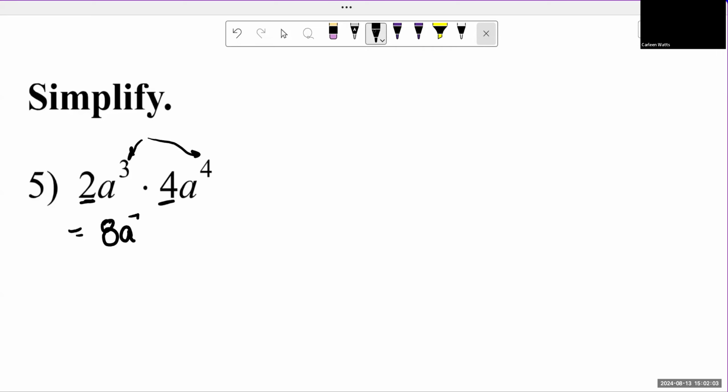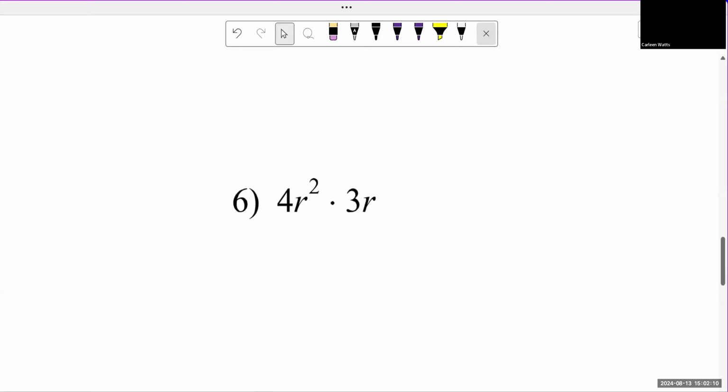We are going to add the exponents. Okay, I am missing an exponent here. So that has an invisible exponent of 1. Multiply the coefficient, add the exponent.